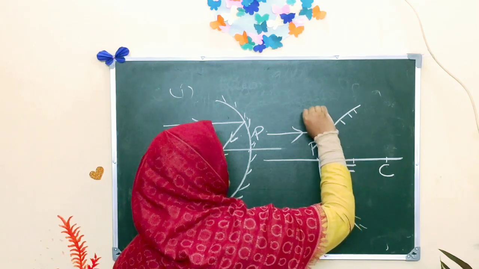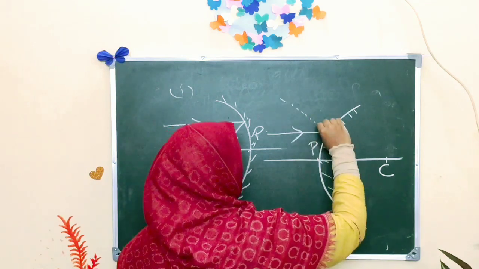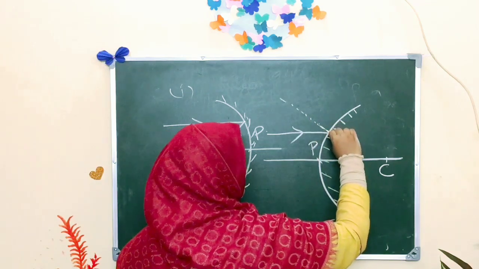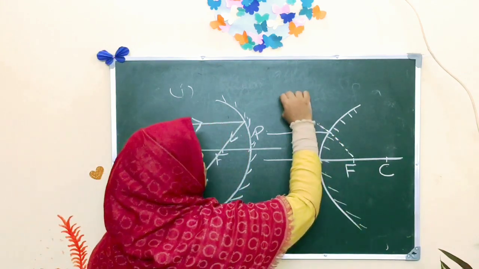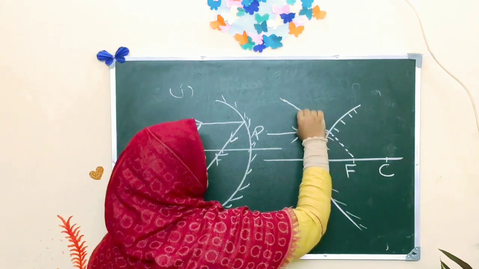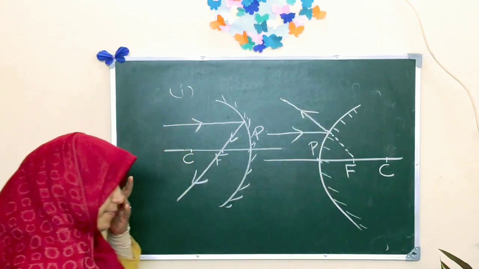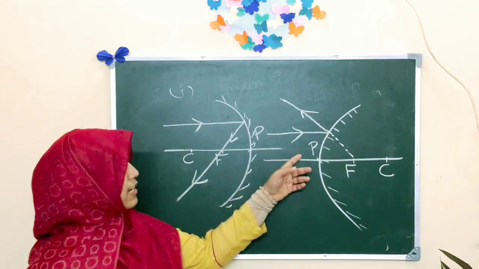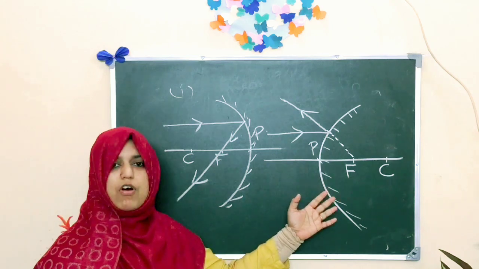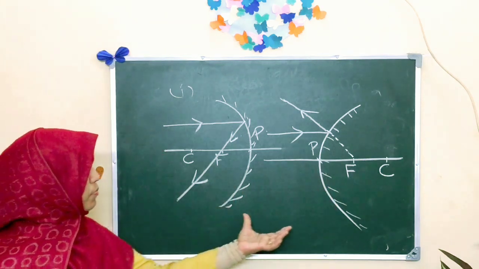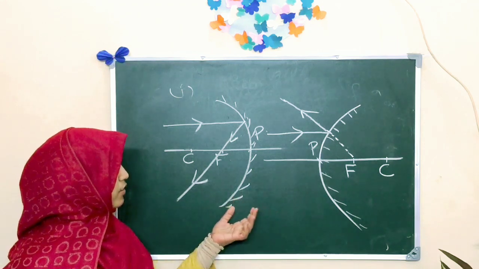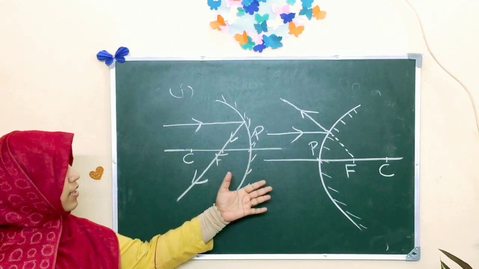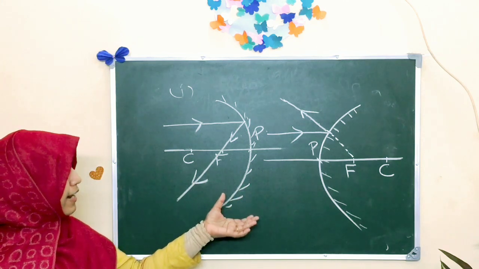After reflection, it appears like it is coming from the focus. So both cases, convex mirror and concave mirror, I have shown here in the way of ray diagrams.